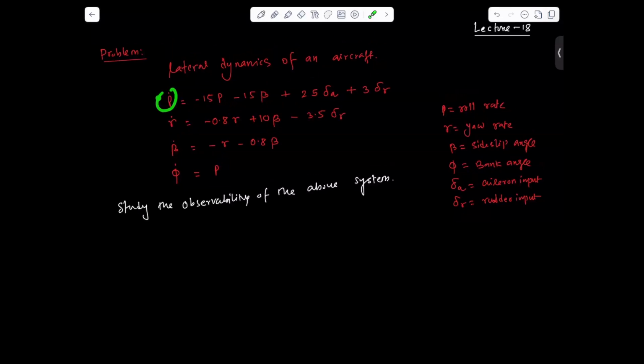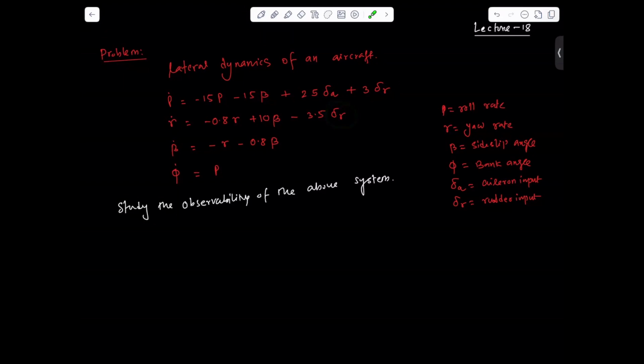We have p dot equal to minus 15 p minus 15 beta plus 25 delta A plus 3 delta R. So p is basically the roll rate, delta A is the aileron control, and delta R is the rudder control. We also have the r dot dynamics, which is a function of r and beta, with delta as the control input.